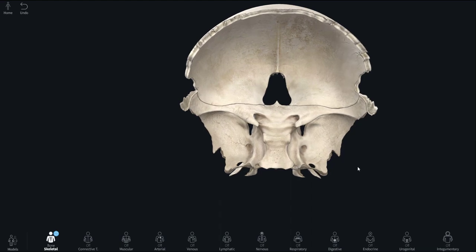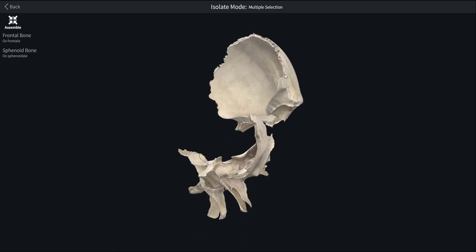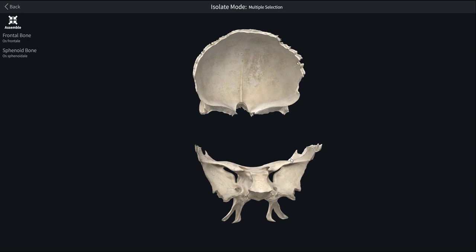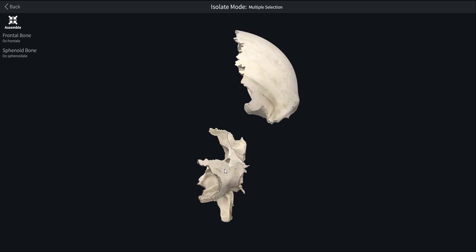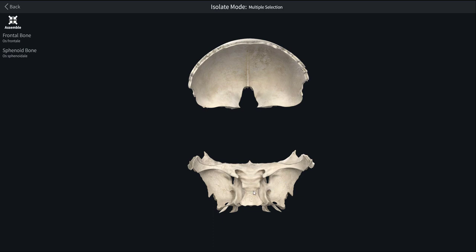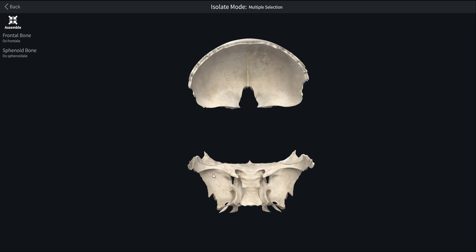So the triangular area over here is the triangular area of the frontal bone which we were talking about. Now I have said this is articulated to the sphenoid bone, right? Although we do not really know yet about the different parts of the sphenoid bone, it does not hurt to know this. Look very carefully. This over here, do you see this? This is the greater wing. I talked a little bit about this when we were talking about the parietal bone.